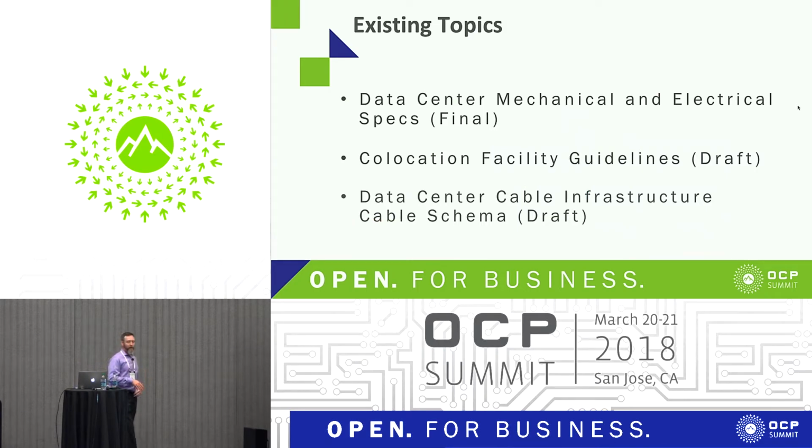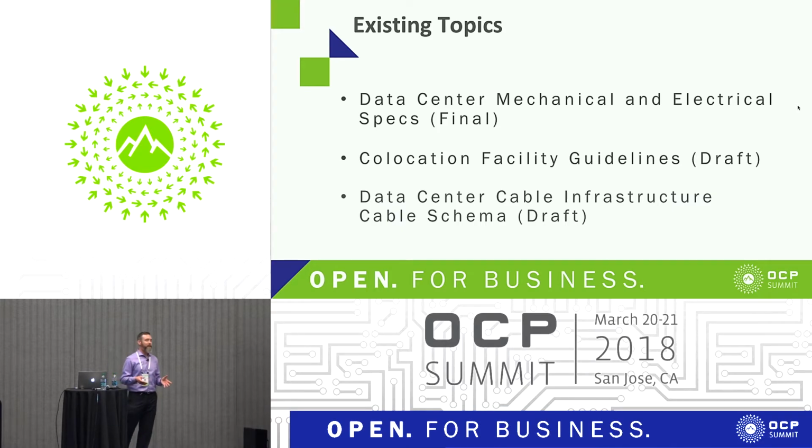So right now, one of the major things we have as far as existing topics: we have the original data center mechanical and electrical specs that were provided by Facebook at the Prineville site. We have the co-location facility guidelines, which will help a person needing to co-locate OCP gear find a co-location provider for that gear.